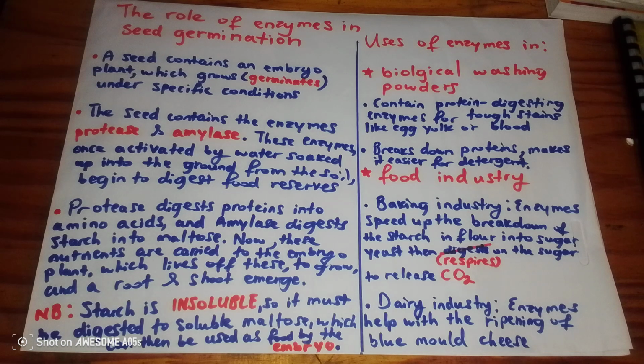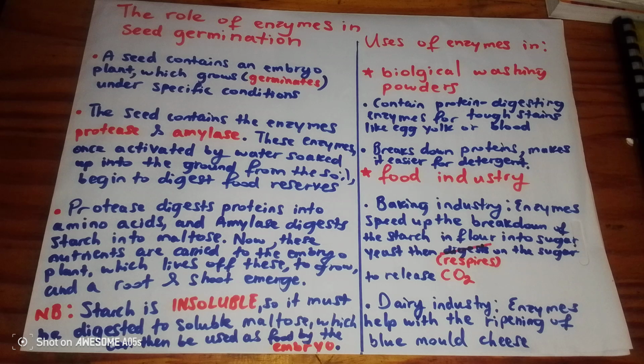Moving on to uses of enzymes in biological washing powders, you do know well that if you had a blood stain or egg stain, it wouldn't wash off with just simple detergents, right? So you would need biological washing powders, which are washing powders that contain protein digesting enzymes for tough stains like egg yolk or blood.